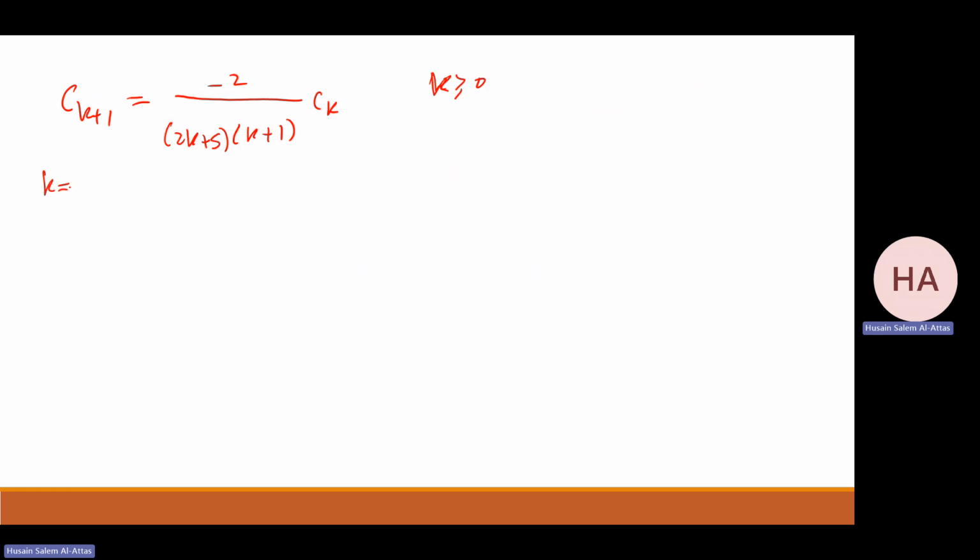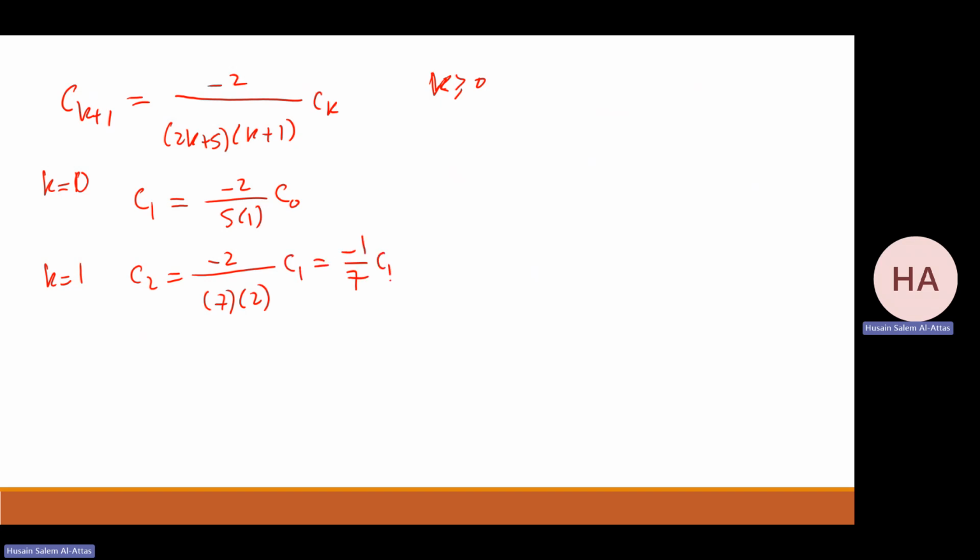So I do the same. K equals 0: I have C1 is minus 2 over 5 times 1, C0. K equals 1: I have C2 will be minus 2 over 7 times 2, C1, minus 1 over 7 C1, which is 2 over 35 C0. I need only 3 terms. You need the first 3 non-zero terms.